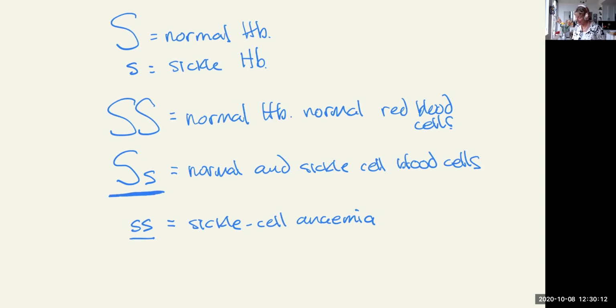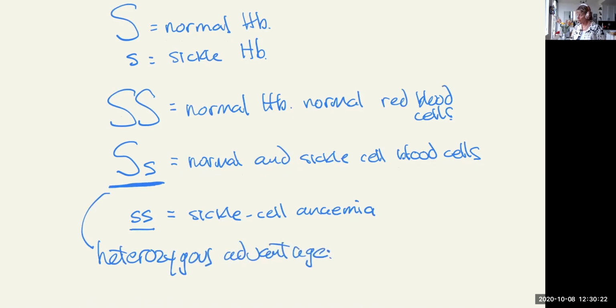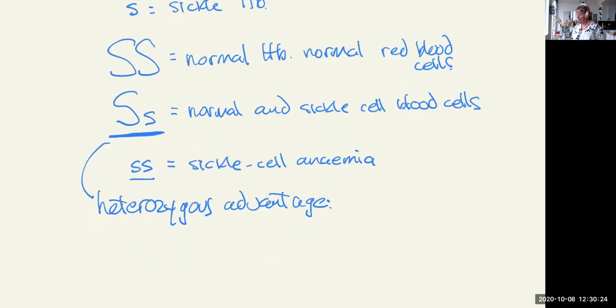It's called the heterozygous advantage, which is where a person that is heterozygous has somewhat of protection against malaria.